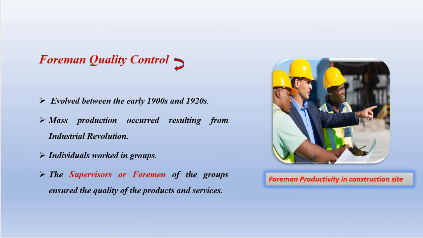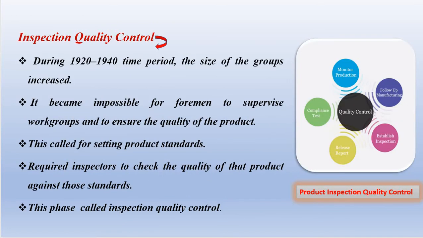Then foreman quality control is the second phase, evolved between the early 1900s and 1920s. During that period, mass production occurred resulting from the Industrial Revolution. The individuals worked in groups. The supervisors or foremen of the groups ensured the quality of the products and services.